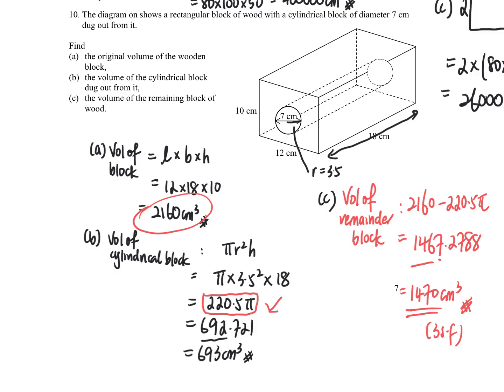But if you are unsure whether your 3SF is correct, and the question never says it must be 3SF, then give me this, the slightly more one. I will mark it correct because you are more accurate than 3SF. But if you give me anything less and it's rounded off wrongly, then I will have to mark you wrong. So be careful about that. This one is exam skills.